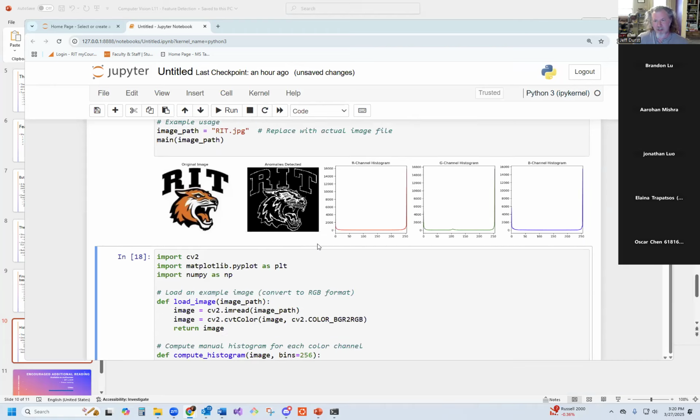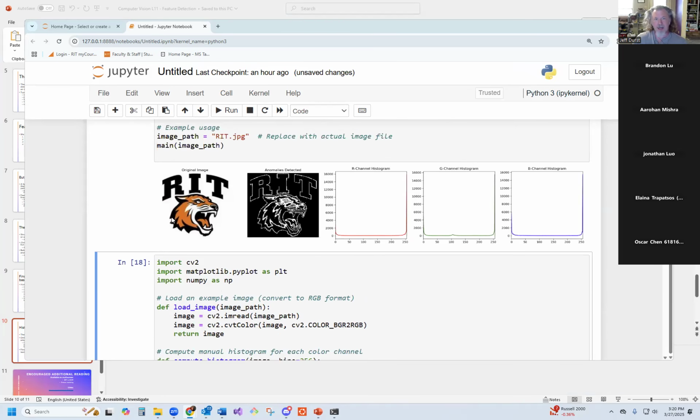We can see it's not great for this color image because there's a lot of background noise, because it is going to average everything out. The background is all zeros, and so it's going to flag these anomalies that look different.